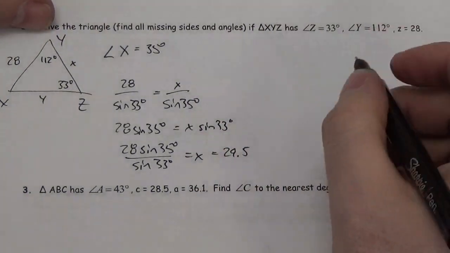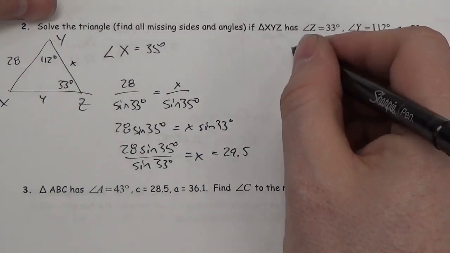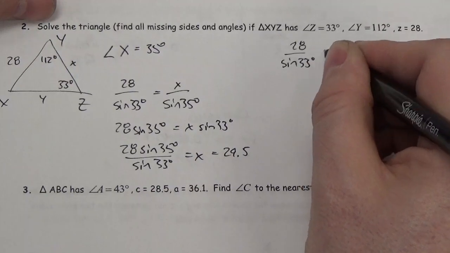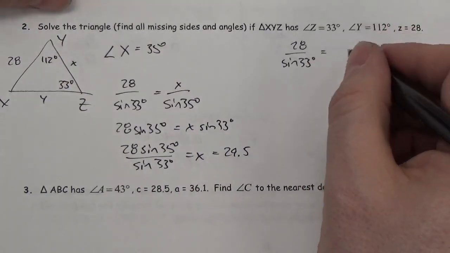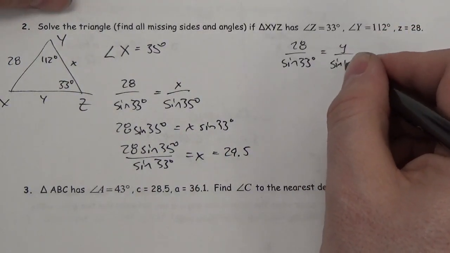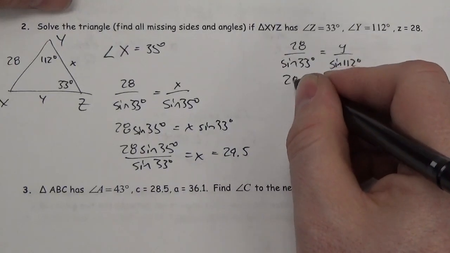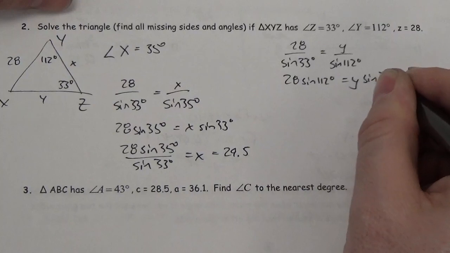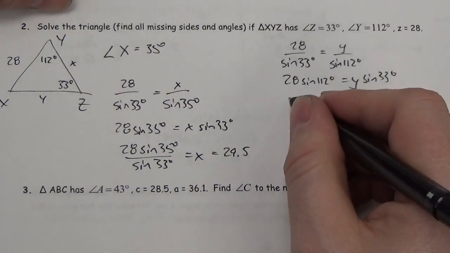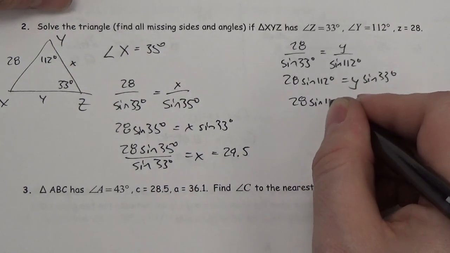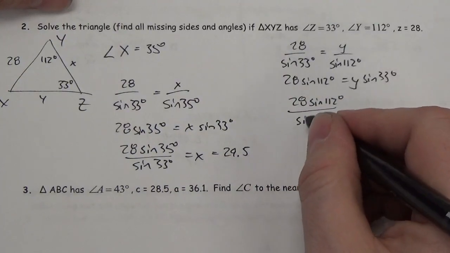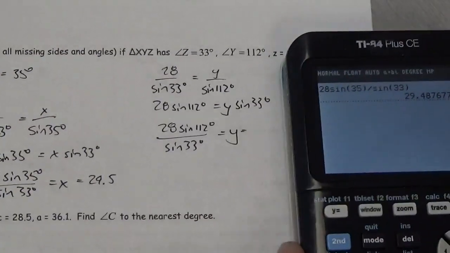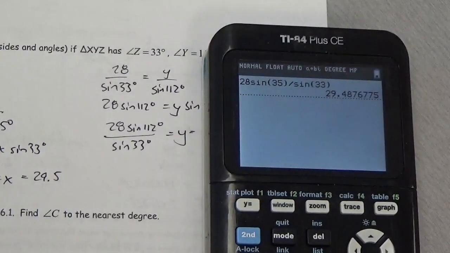And then I do the exact same thing to find y. So I've got 28 over the sine of 33, that's the z and the angle z, and then y over the sine of 112, cross multiply, and divide, so 28 sine of 112 degrees over the sine of 33 degrees is going to equal y, and then again that's just calculator work at this point.